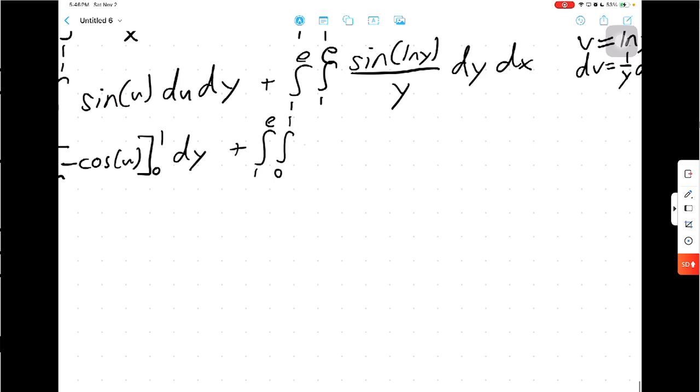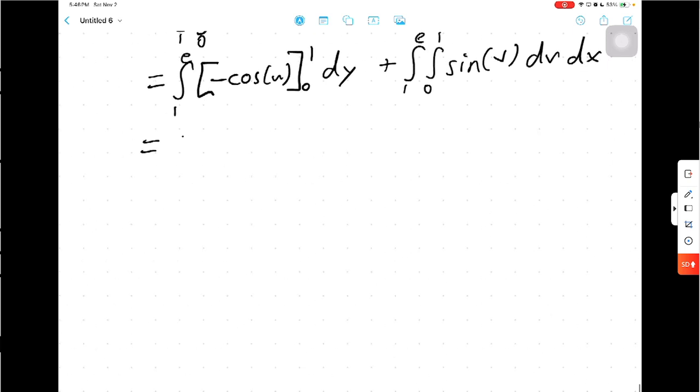And then this is the same, sine of v dv dx, e negative cosine of 1, and then minus sine of 1, and then minus a negative 1.